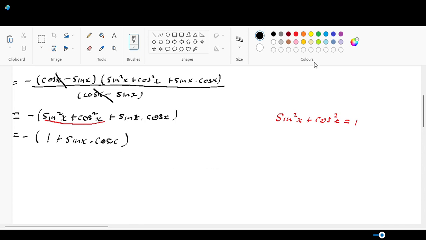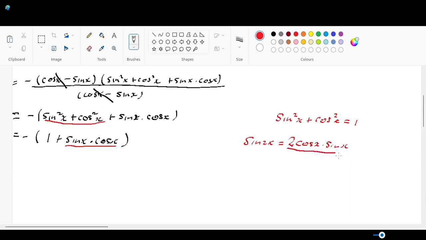Remember, we have another identity. This is a double angle identity whereby we know that sine 2x is equal to 2 cos x multiplied by sine x. So if you can see, we do have sine x multiplied by cos x there. But how can we change this so we have only cos x and sine x?